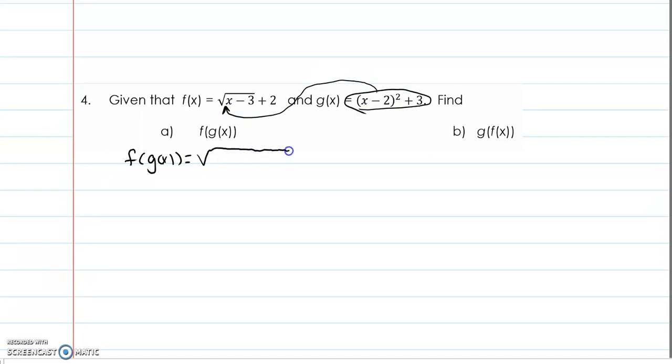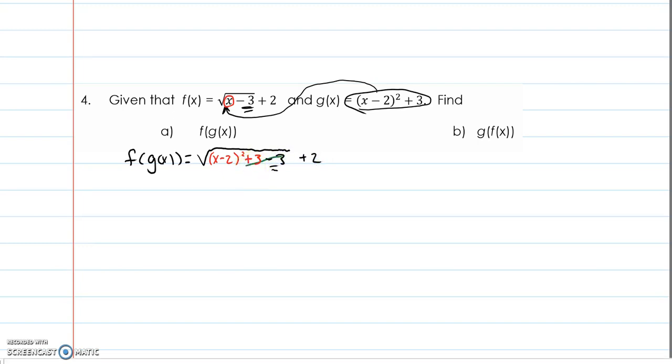So I have the square root, and let's put this all in red maybe, x minus 2 squared plus 3. So this whole thing's got to go in for here. And then I still have a minus 3. This minus 3 is the same, plus 2. Looks a lot messier than it is.